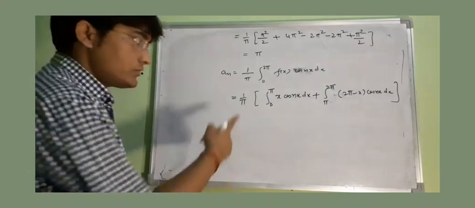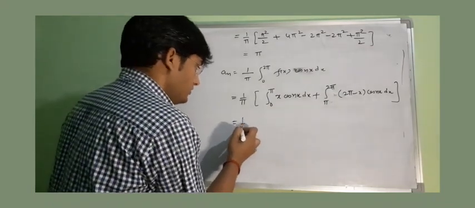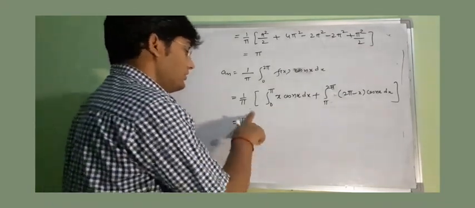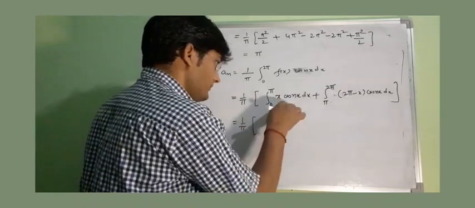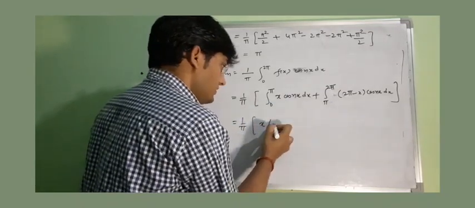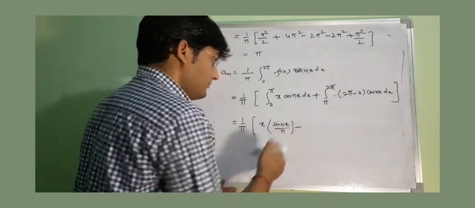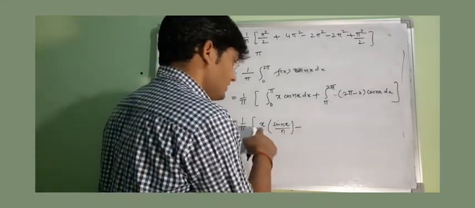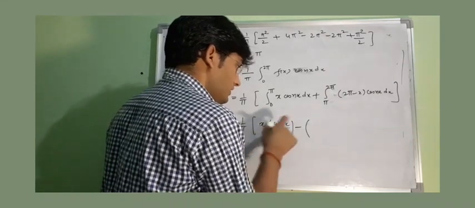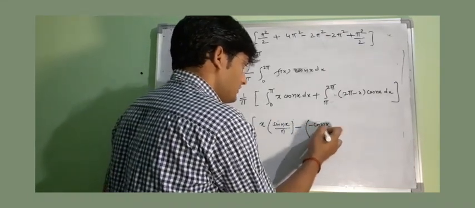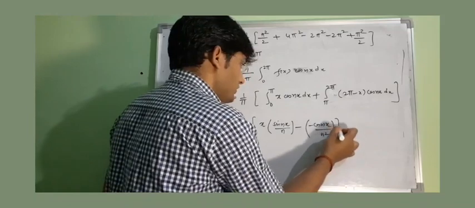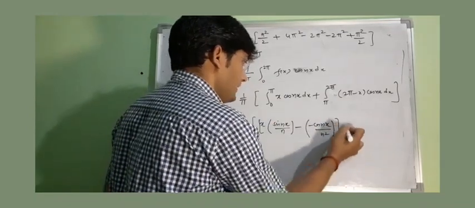So let us integrate this one. Now use the Leibniz rule of integration, the Bernoulli's rule of integration. That means x, the integration of cos nx will be sin nx divided by n. Then we have minus sign, the differentiation of x will be 1, then the integration of sin nx means minus cos nx upon n square, and the limits from 0 to pi.